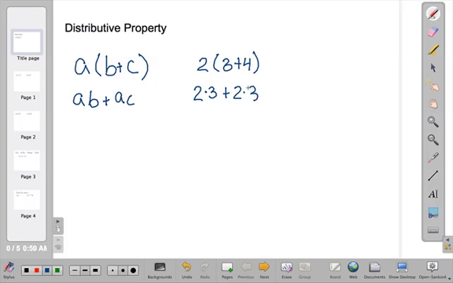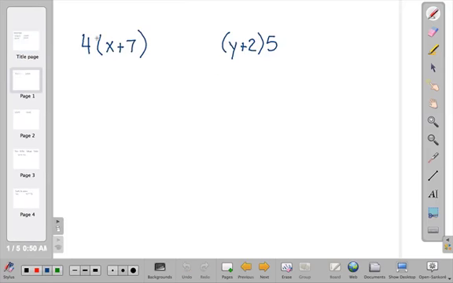Now let me remind you that it means that we're going to distribute, or share, the term on the outside with each of the terms on the inside of the parentheses. What students commonly do is they remember to distribute the 2 with the first number, but they forget to distribute the 2 to the second number, in this case 4. So remember that you're going to distribute it to each of the numbers on the inside of the parentheses.